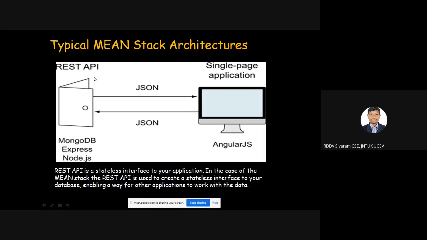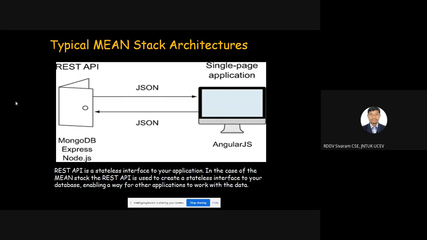I'll tell you the advantage of using REST API in the next slide. If you use REST API, we can retarget it: the same front end, or multiple applications, can be retargeted to the same database. The database is the same for multiple applications.